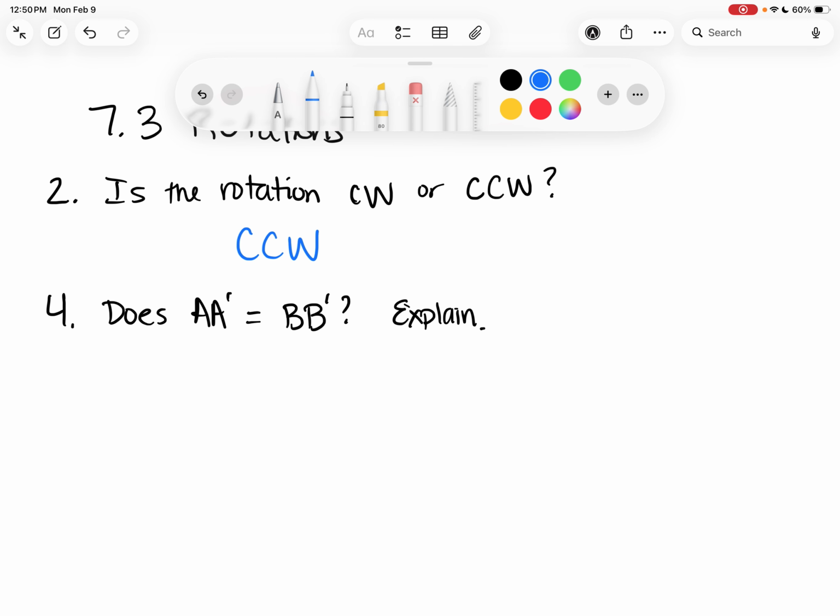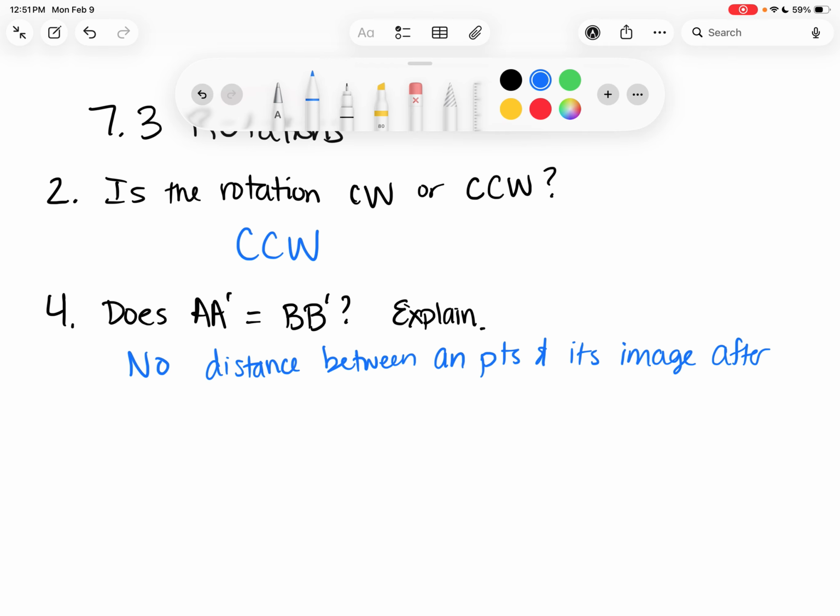Because the B's are like different. They're different letters. Well, they are different, but it is no. And that's because the distance between any point and its image after a rotation is not fixed.